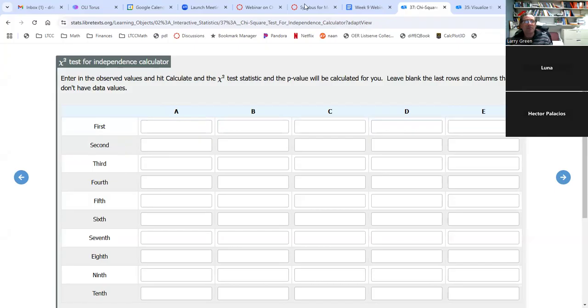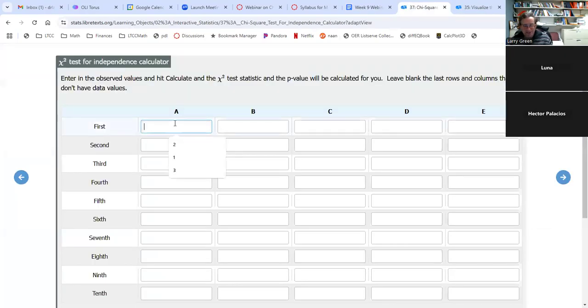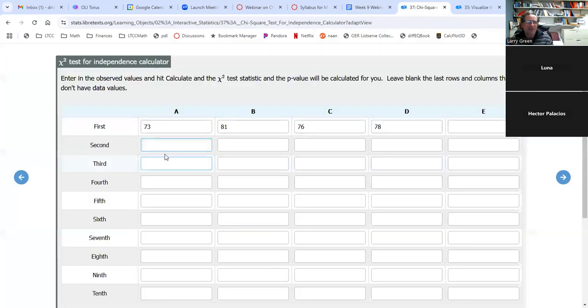Okay, so now we've got to put in our numbers. So 73, 81, 76, 78. And the second one, 65, 68, 62, and 64.